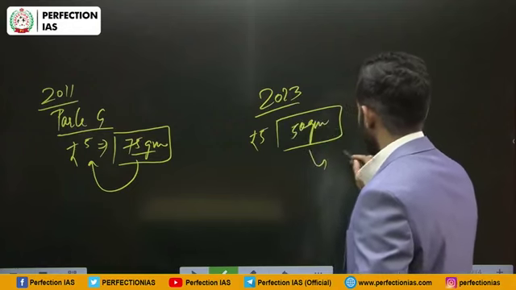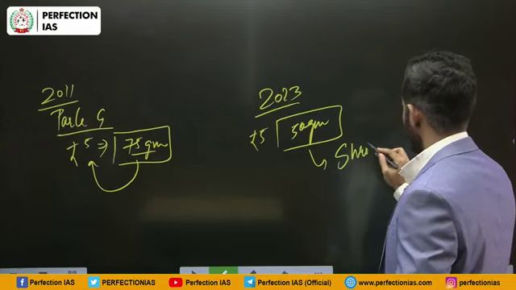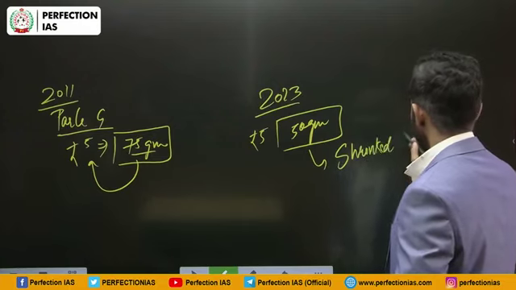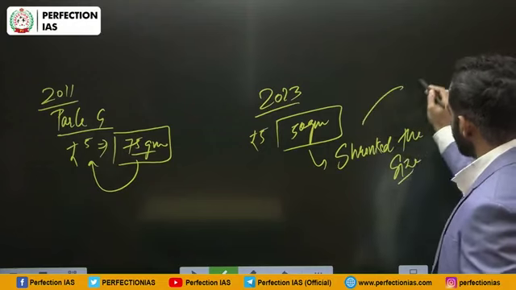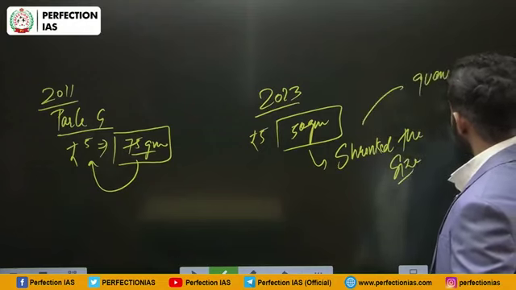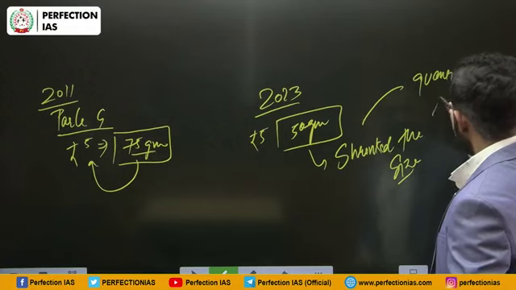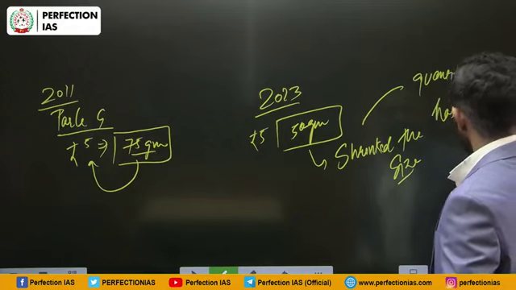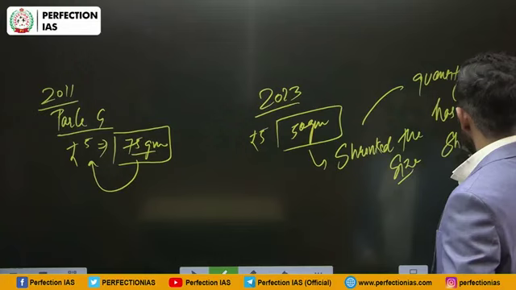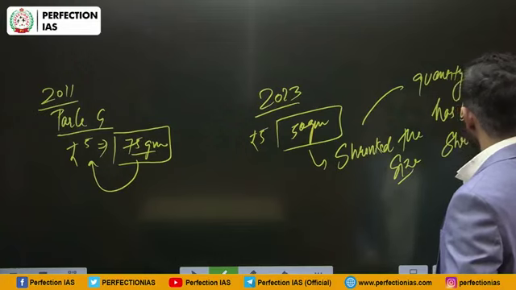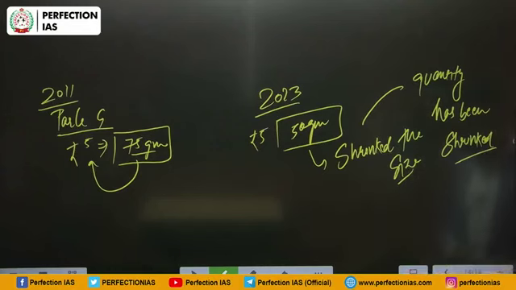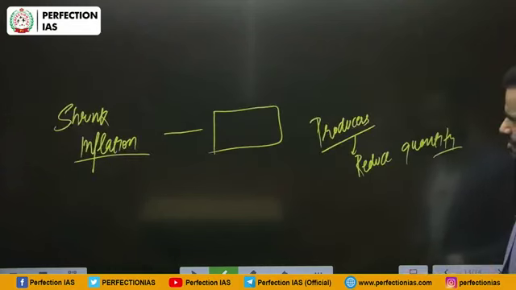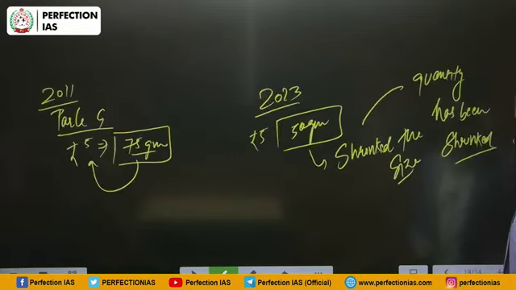So they have shrunk the size, or the quantity has been shrunk. So this is an example of shrinkflation. We have covered skewed inflation and shrinkflation. Next we are going to cover stagflation.